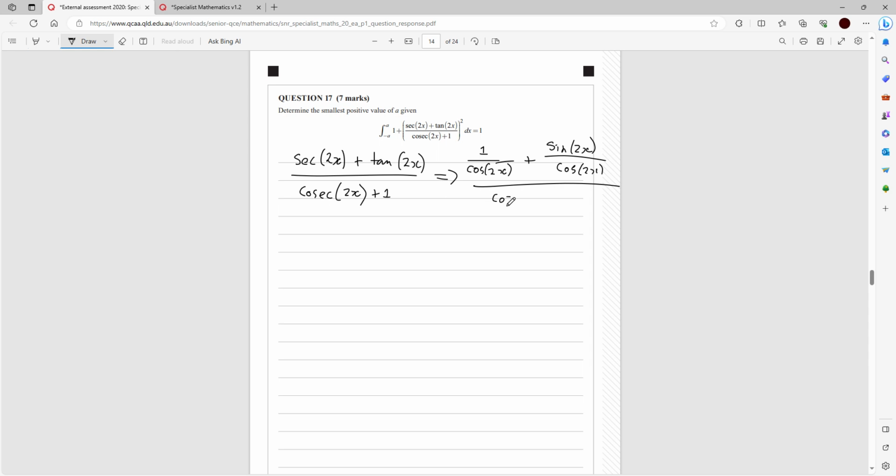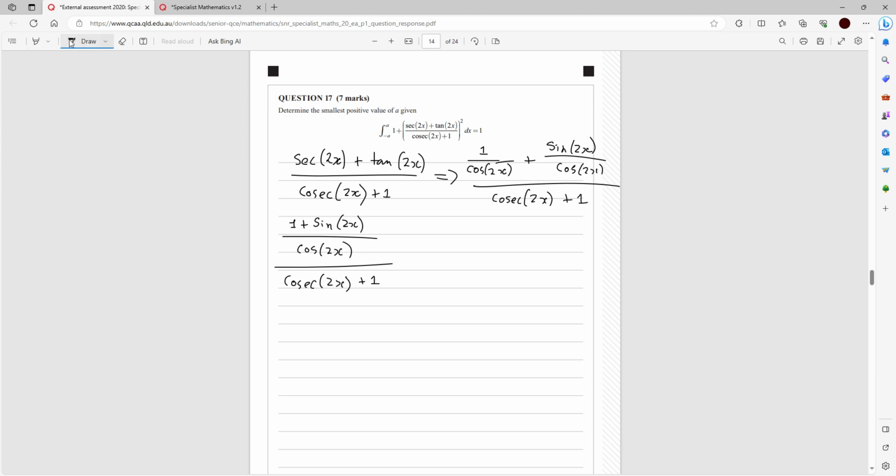You can see the top part of my fraction I can combine because they have common denominators. So what we get is 1 plus sine of 2x all over cos of 2x, all divided by cosec of 2x plus 1.